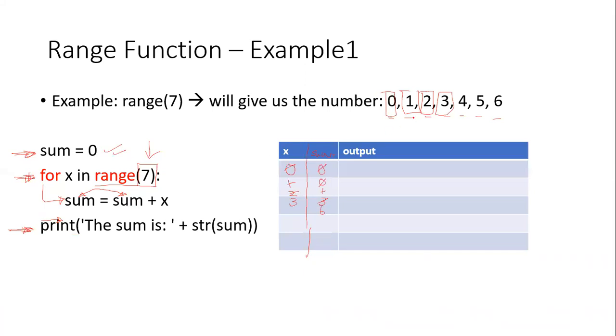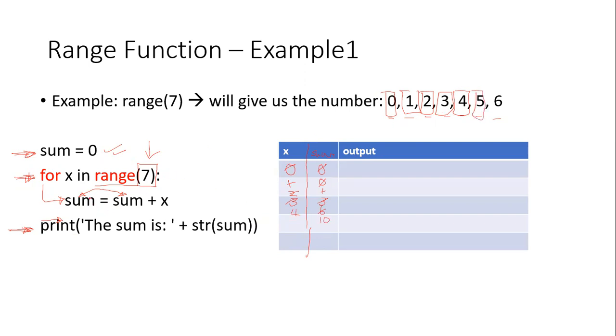Go back up, X now becomes 4, the next value. Come inside of the loop, sum plus X. 6 plus 4 is 10, and that is stored back into sum. Go back up, X now becomes 5.